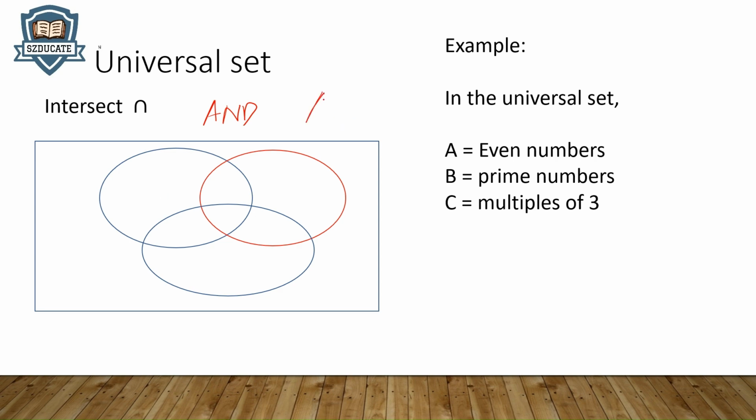So if we say A intersect B, it must satisfy the condition for A, and it must also satisfy B. Only when both criteria are satisfied do we choose it. So if this is A, this is B and this is C, then only this section here will qualify, because that's where A and B overlap.